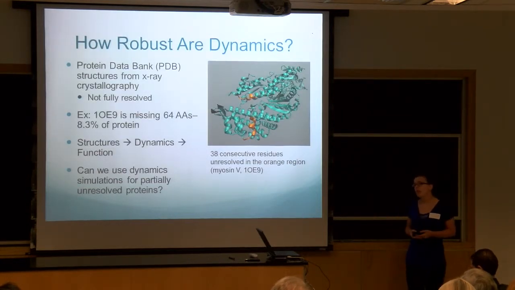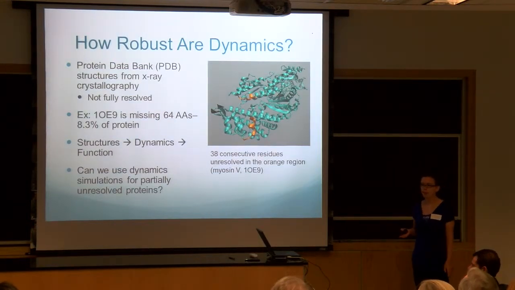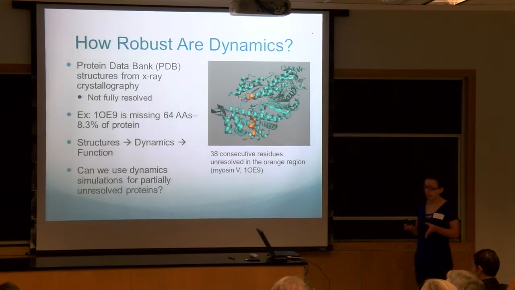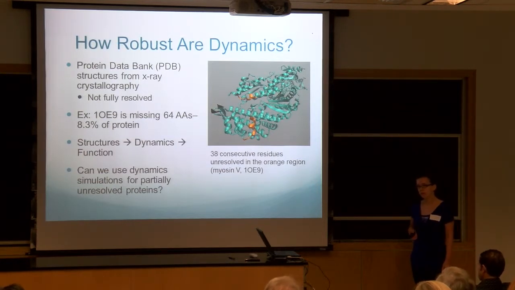The question that I've been looking at is: how robust are these dynamic simulations that we run? We get our structures from the Protein Data Bank, which is an online resource that has X-ray crystallography created structures of proteins. However, a lot of times these structures are not fully resolved because these proteins are highly mobile, often along the surface regions. As you see here, this is 189 myosin 5.